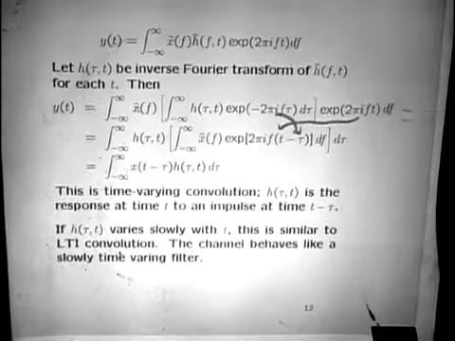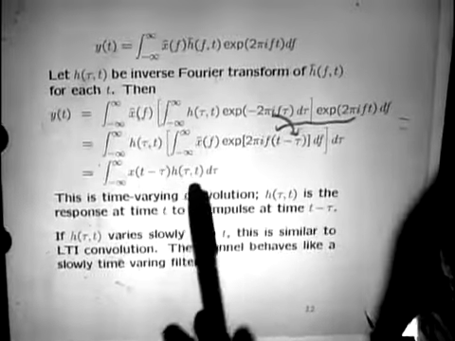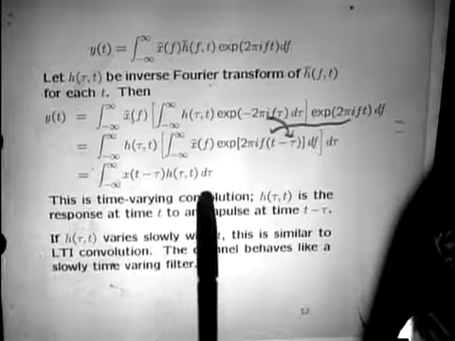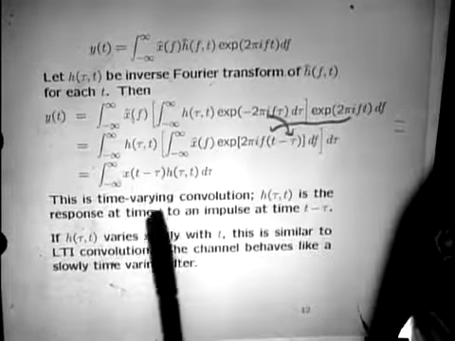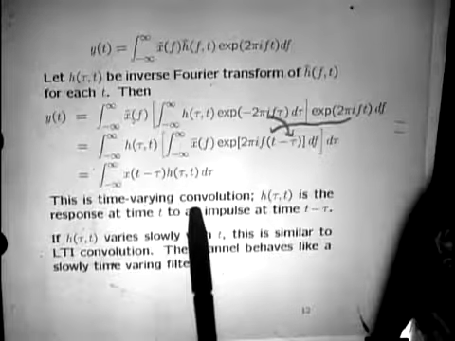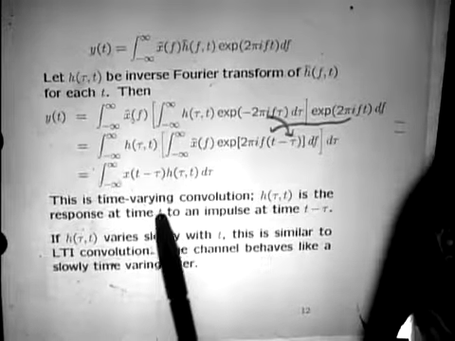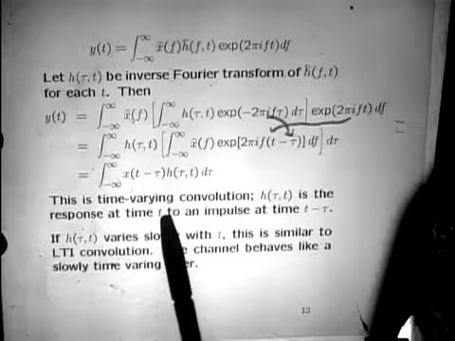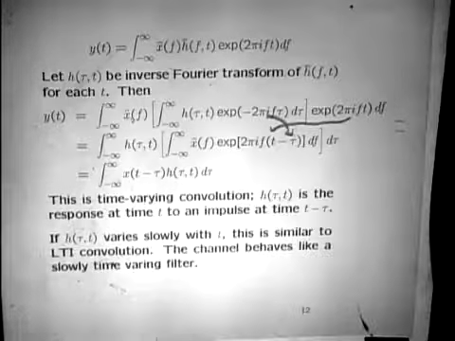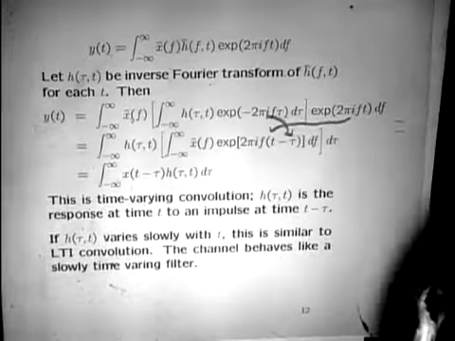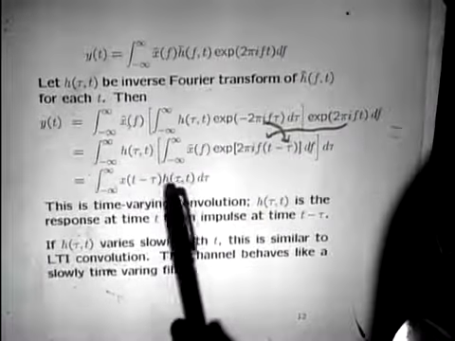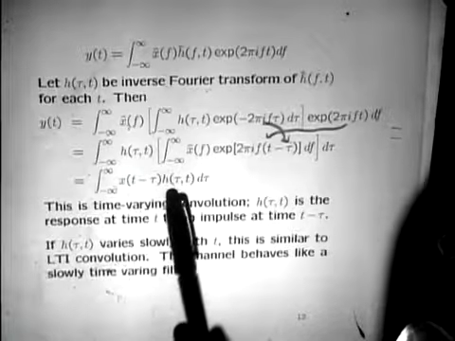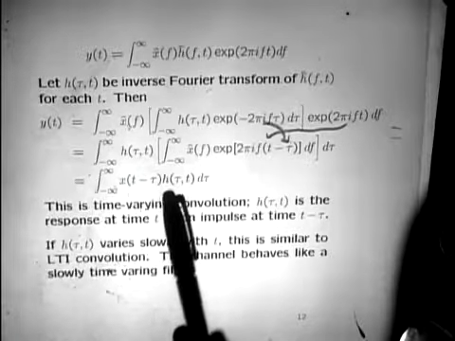It says you have this impulse response here. h of tau and t can now be interpreted as the response at time t to an impulse tau seconds earlier. If you have a system which is changing very, very slowly, then this is essentially just a function of tau, and it's the usual impulse response that you're familiar with.